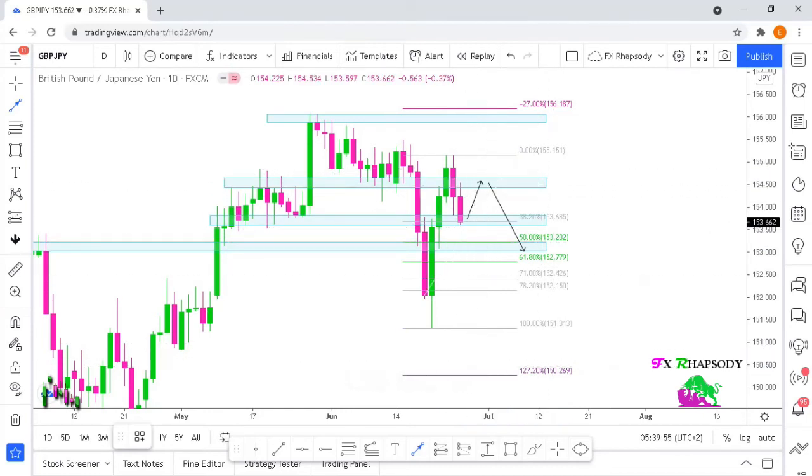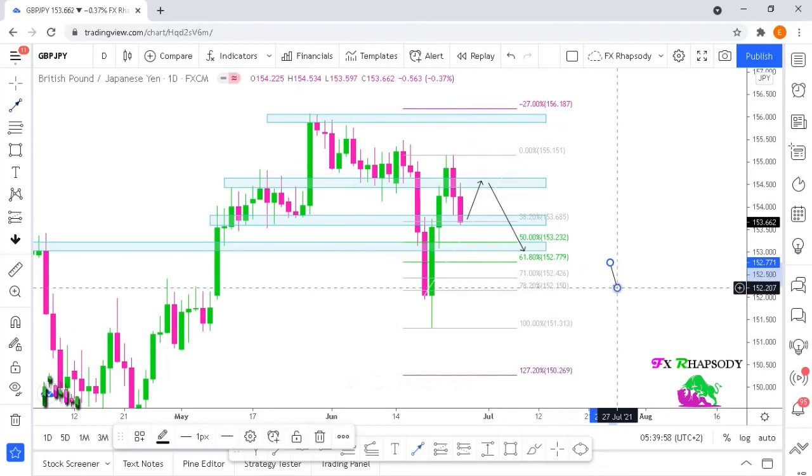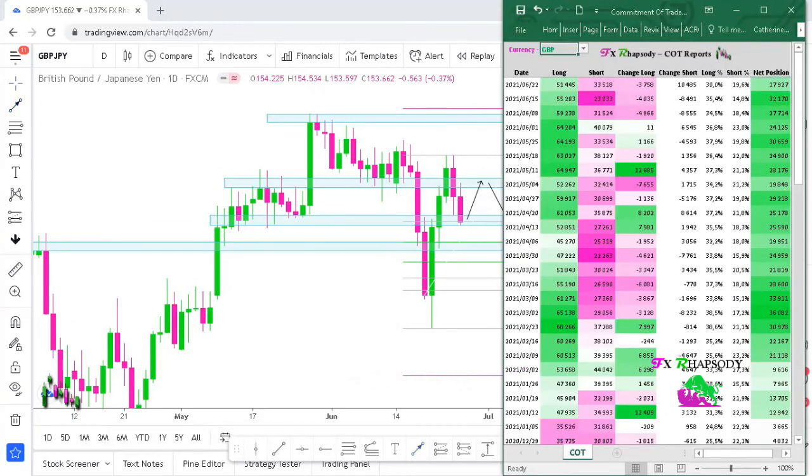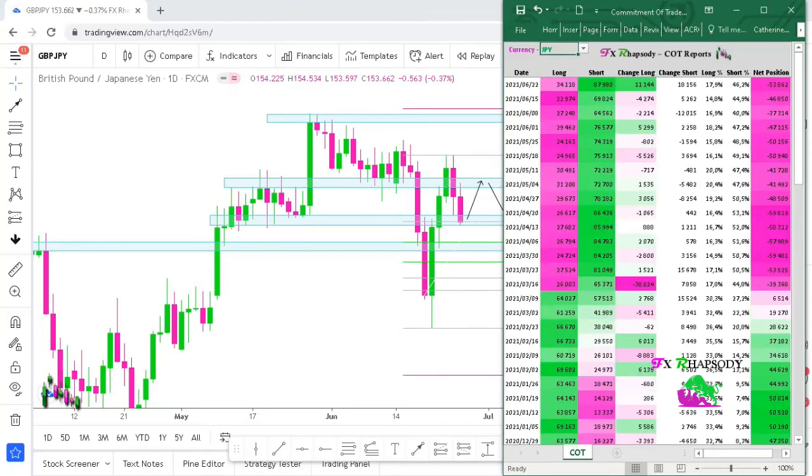Okay, so before we carry on talking about that, let's just look at the COT reports. So there's the Japanese yen. What we can see in the Japanese yen is that it is in actual fact getting weaker as well, or not weaker, but I mean the change in longs. There were a lot of longs put in the market for the Japanese yen, meaning it's stronger, but a lot more shorts were put in the market as well.